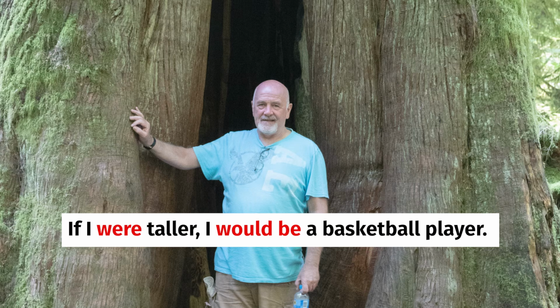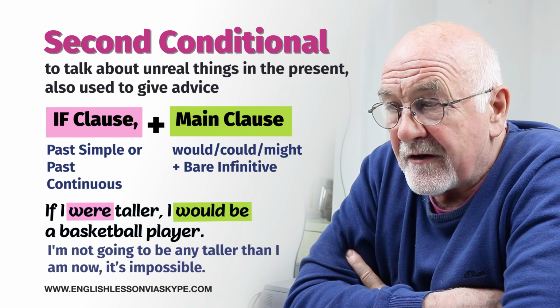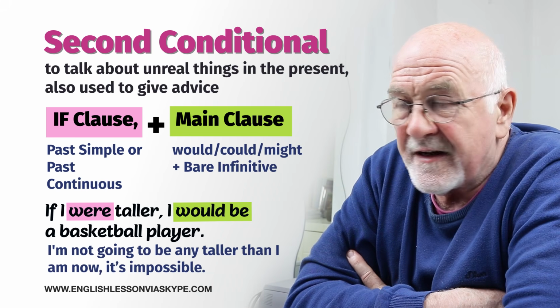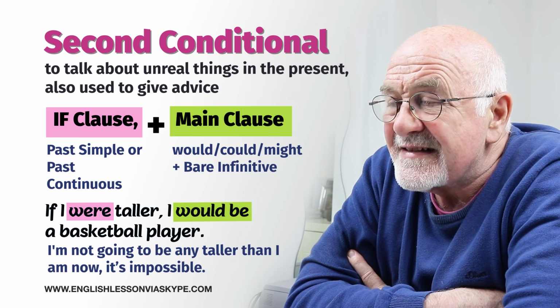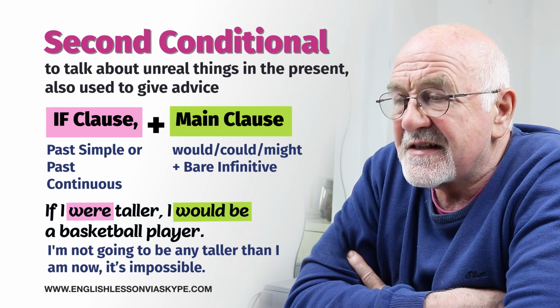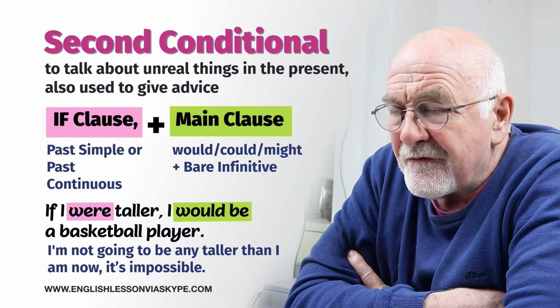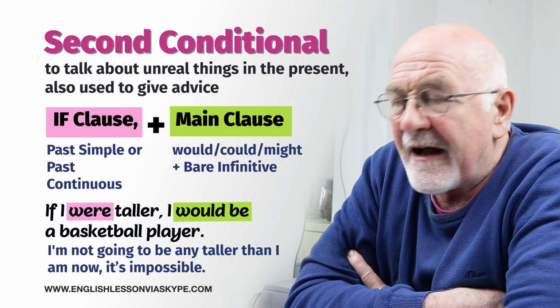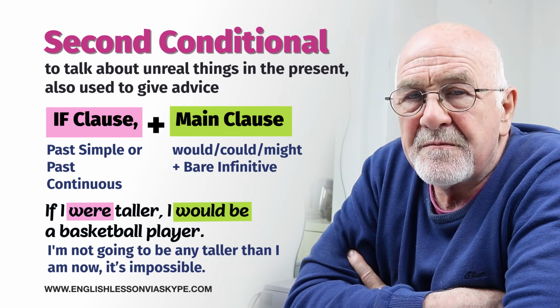If I were taller, I would be a basketball player. Okay, I'm not going to be any taller than I am now, so it's virtually impossible. It's an unreal situation, and therefore we're using that second conditional. And if it's the second conditional, you have to have if, and you have to have would. It's not will, it must be would.